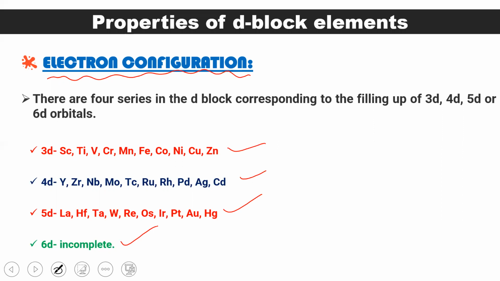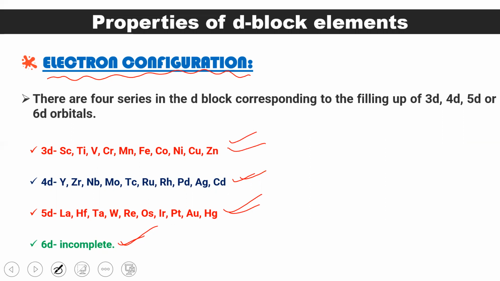Now in the 3d series, what elements are present? Scandium, titanium, vanadium, chromium, manganese, iron, cobalt, nickel, copper, zinc. These are present in the 3d series, and these are the elements present in the 4d series, and these are the 5d series, and this one the 6d series, which is the incomplete series.